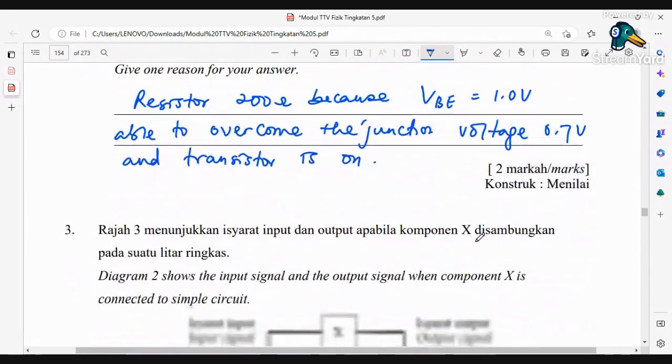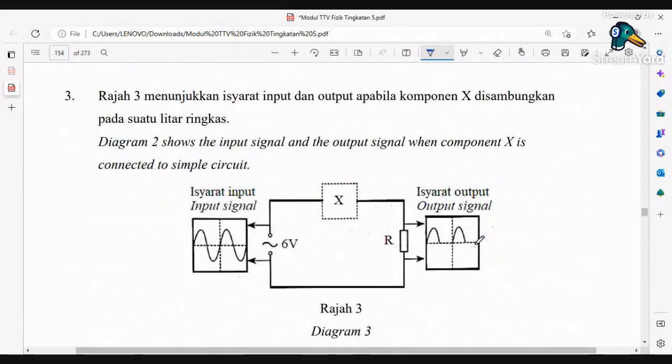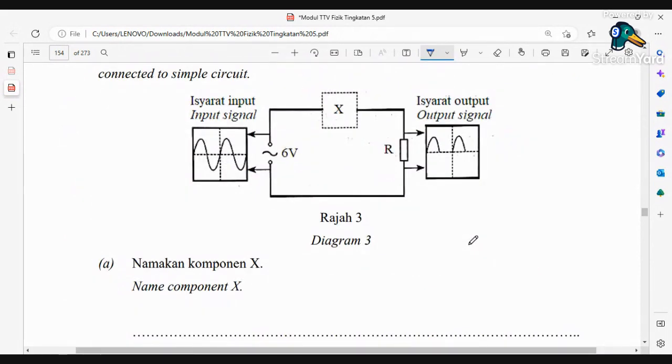Number 3, diagram 2 shows input signal and output signal when component X is connected. When X is connected, you can see this is a half wave rectification. For half wave rectification, we just require one diode. So to convert AC to DC is the process of rectification. So we need a rectifier.